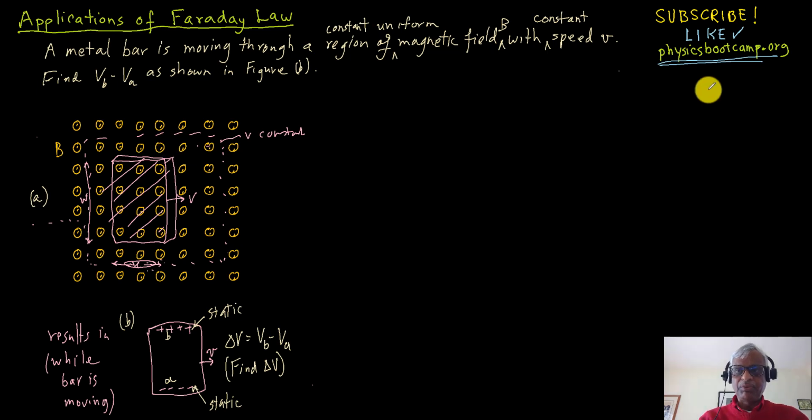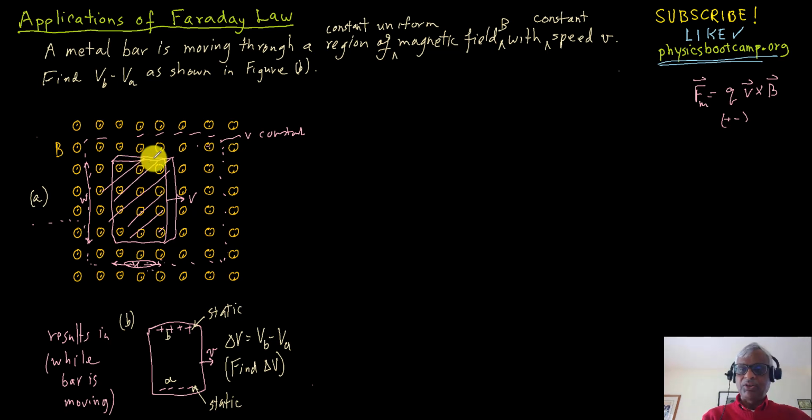You remember the magnetic force on a charge, whatever the charge is, plus or minus, is q V cross B. Some of the electrons in metal are conduction electrons.